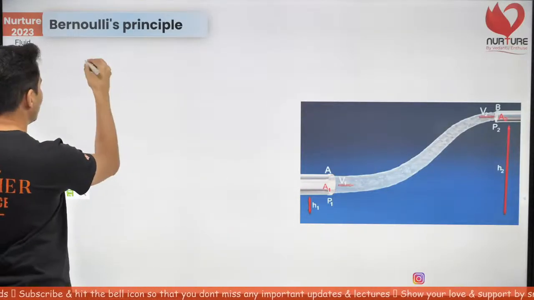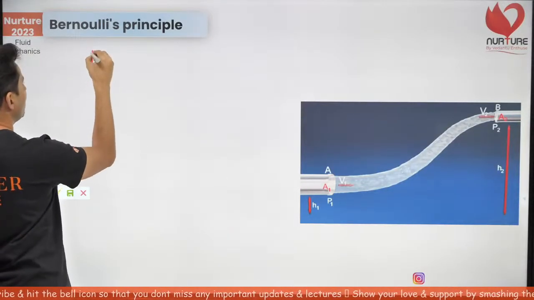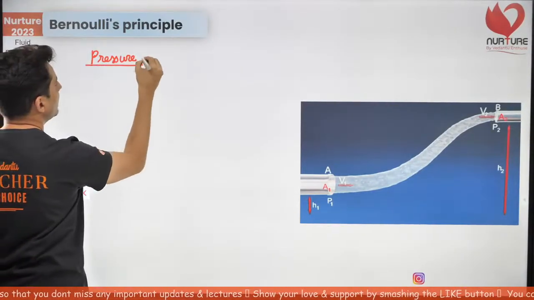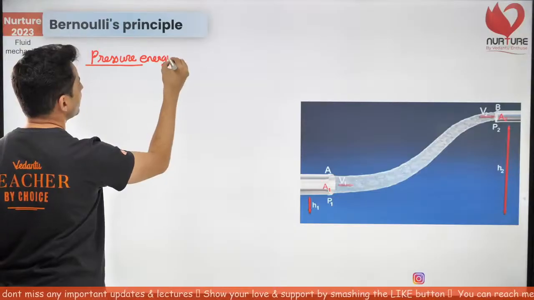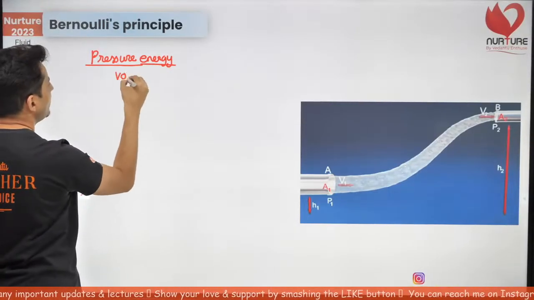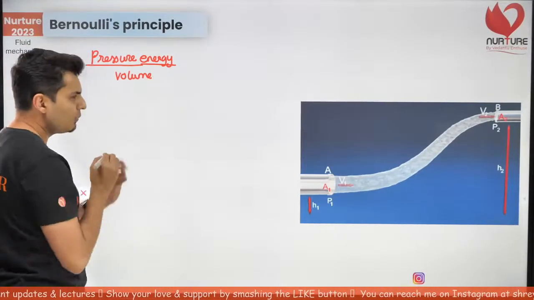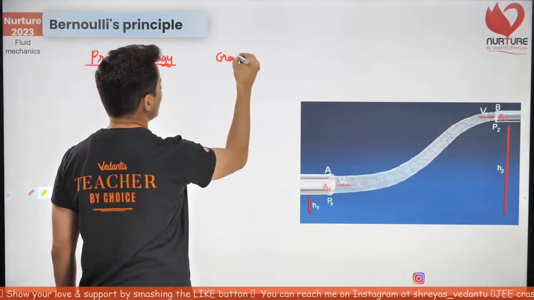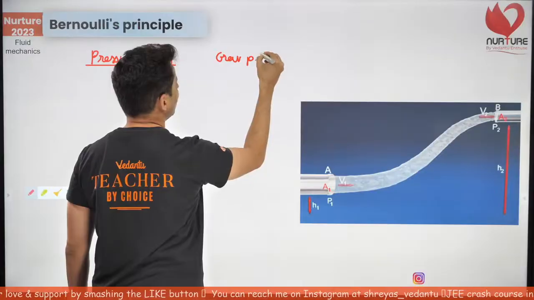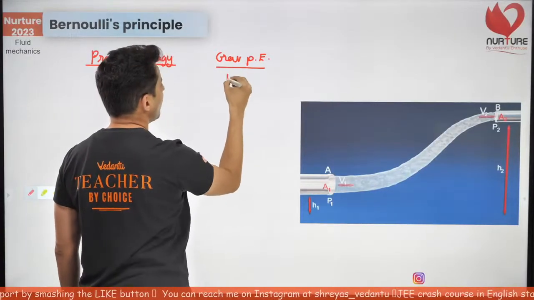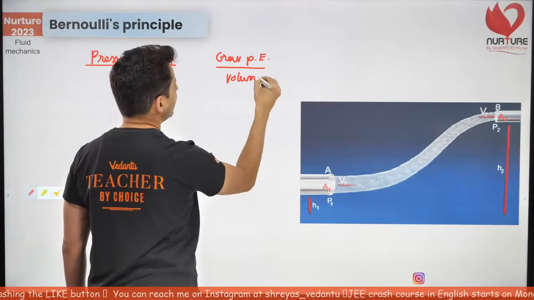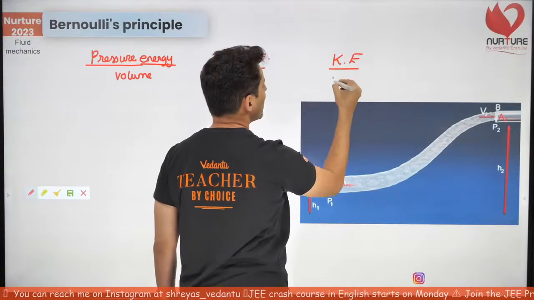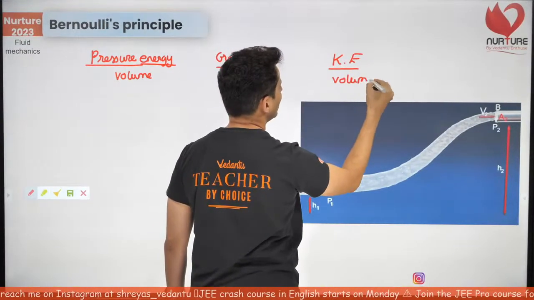So the 3 forms of energy are the pressure energy per unit volume, then gravitational potential energy per unit volume, and the last one is the kinetic energy of that liquid per unit volume.